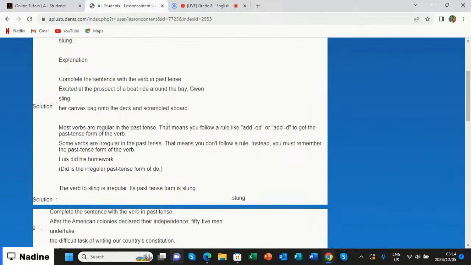When it comes to the irregular verbs, this means that you don't have to follow a specific rule. Instead, you must just remember the past tense form of that specific verb. So remember, we do not follow a rule where we say that we need to add an ed or a d. You're going to have to just remember the past tense form of that verb.